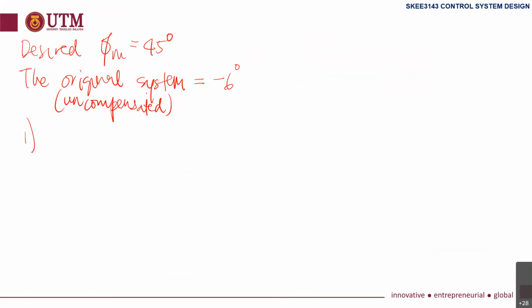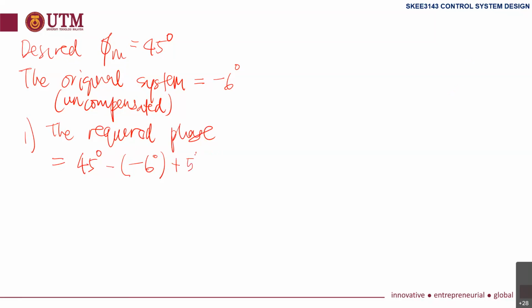Actually, many steps earlier you have to do, but to start the design, first we need to calculate the required phase, equal to the desired, we want 45, minus the original system minus 6 degrees, and we have to add a correction factor given as 5 degrees.